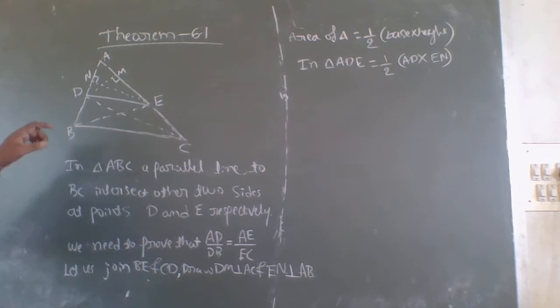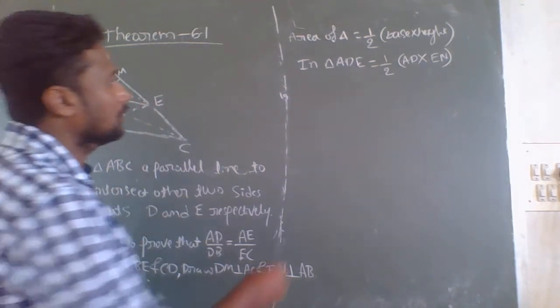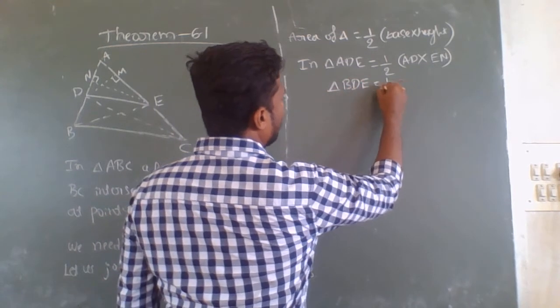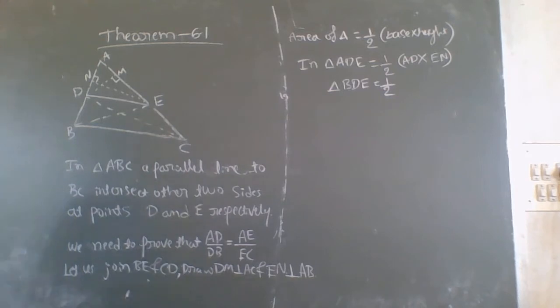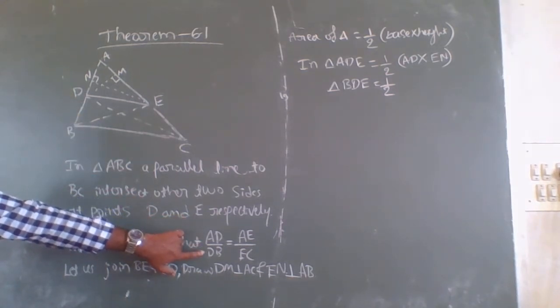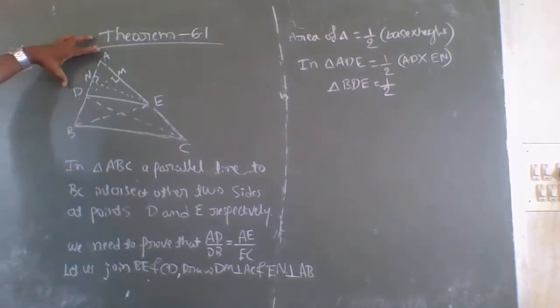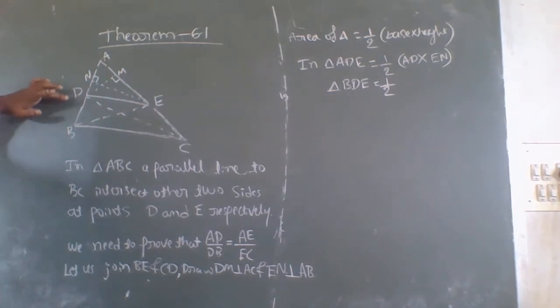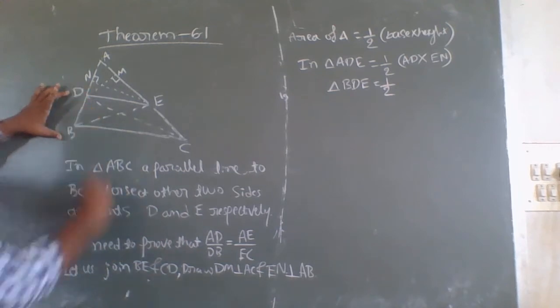Now I will consider the triangle BDE. So here in triangle BDE, I will consider BD as the base, because I have to prove AD by DB. First I considered AD as the base in triangle ADE; in triangle DBE, or BDE, I will consider the base as DB.